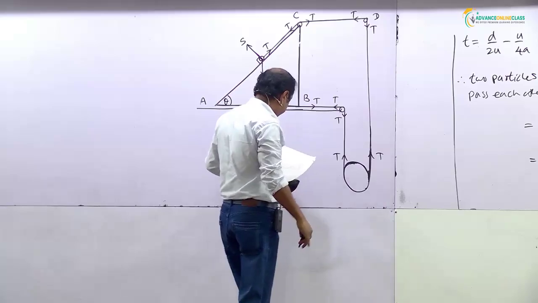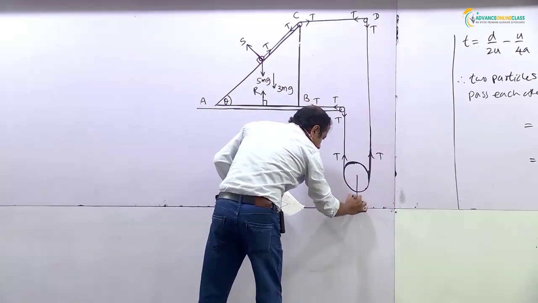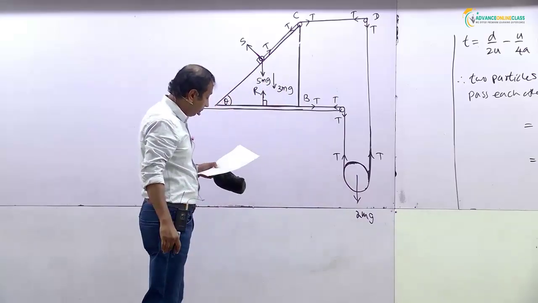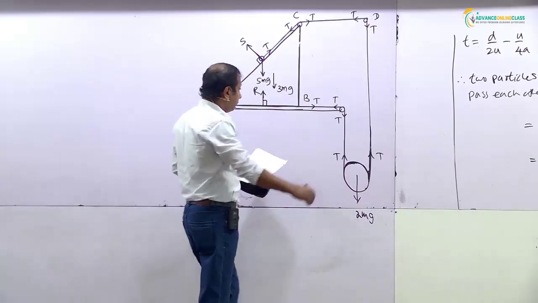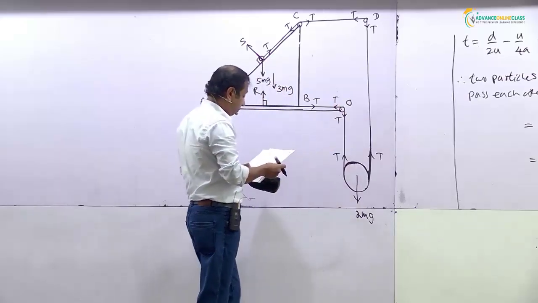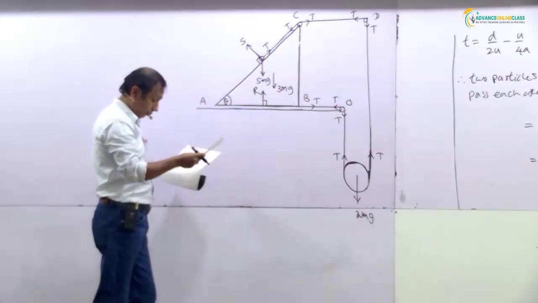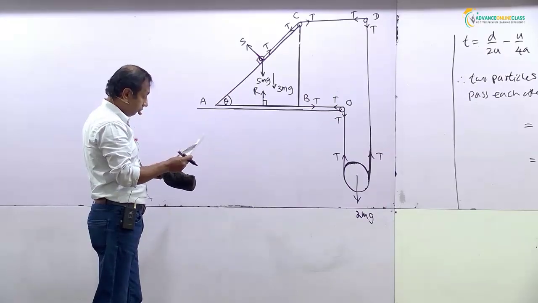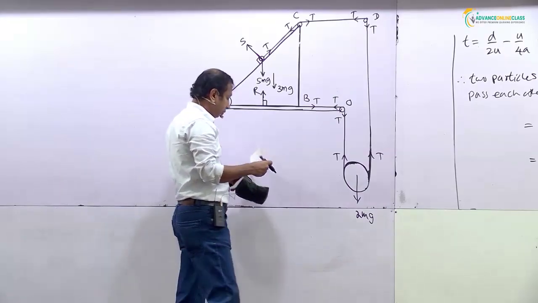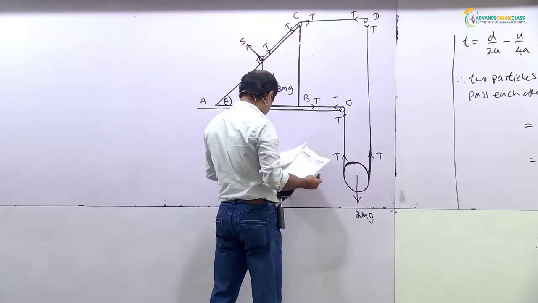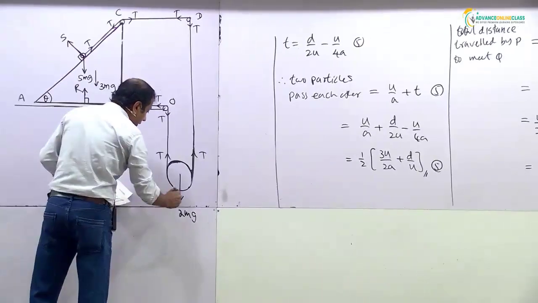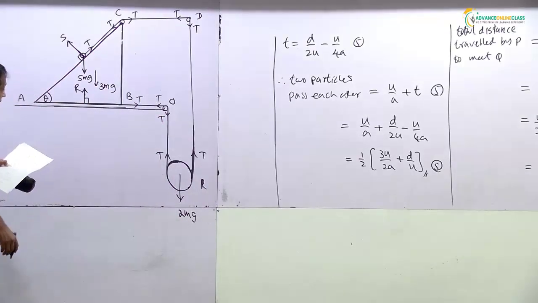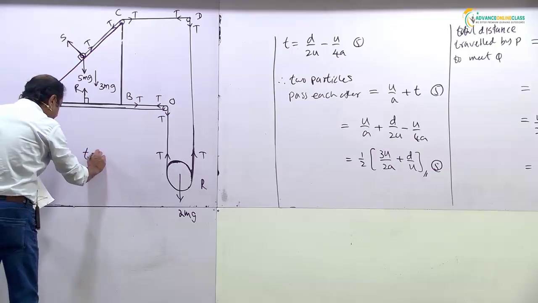Here the weight is 2 mg. This point is all R. At time t equals t only, we draw this diagram.